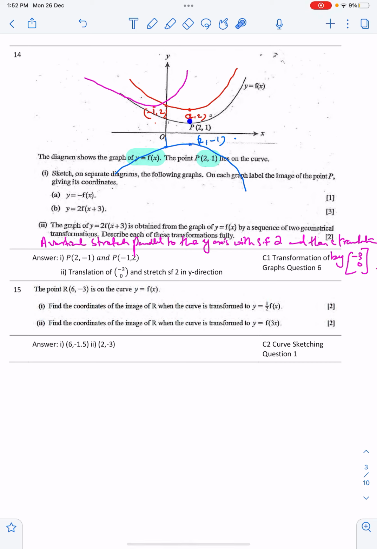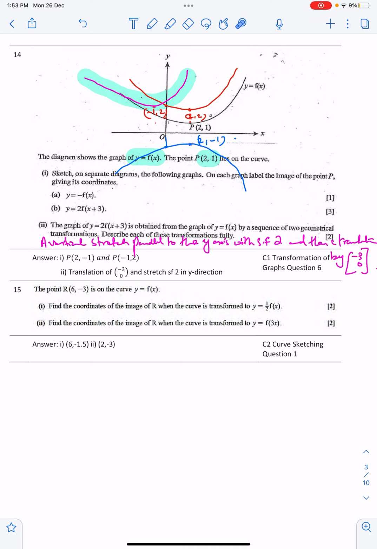Either you give it a stretch of 2 parallel to the y axis and then shift it, or you shift it first and then give it a stretch, the final result is going to be the same, because one of them is a horizontal translation and the other is vertical. So if one is horizontal shifting and the other is vertical, you can change the order and the result is going to be the same.